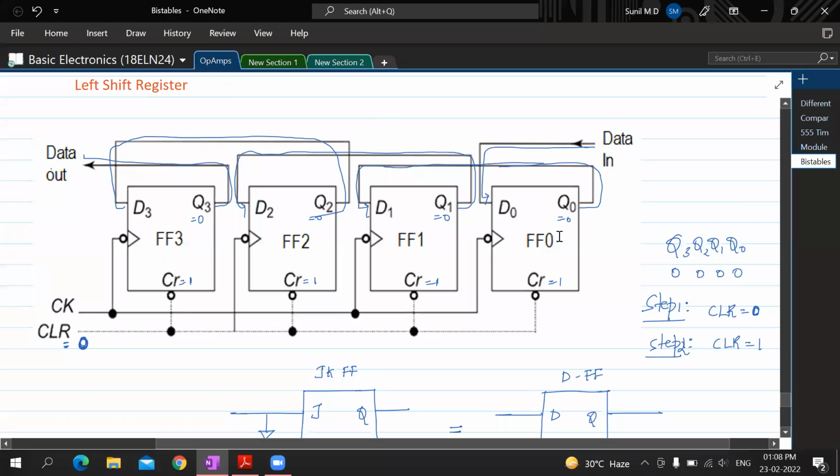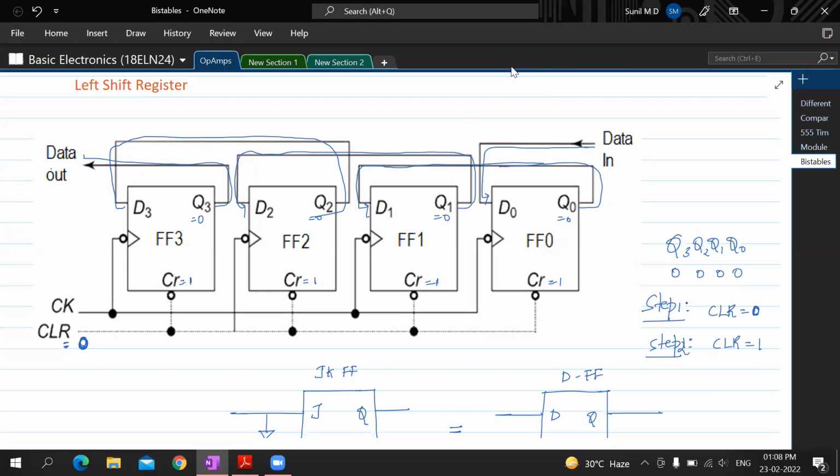If you give input here and give the output of this to the input of the previous flip-flop, it would become a left shift register, just that. There's not much to discuss here. It's just where you give your input and where you take your output from. That actually decides the direction of shift. Is that okay with you? I hope you have understood that. Is that clear to everybody?